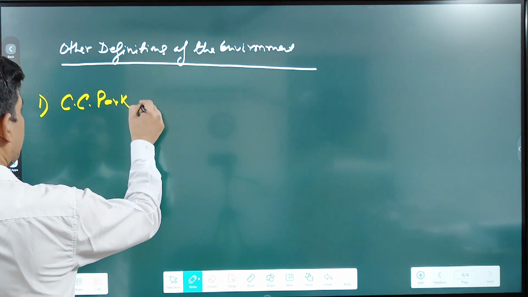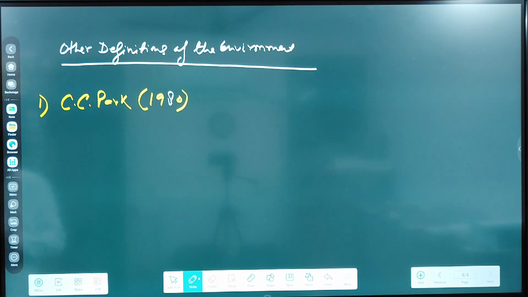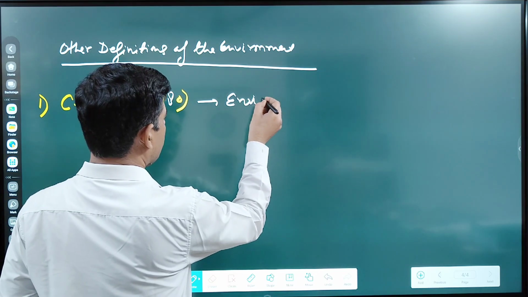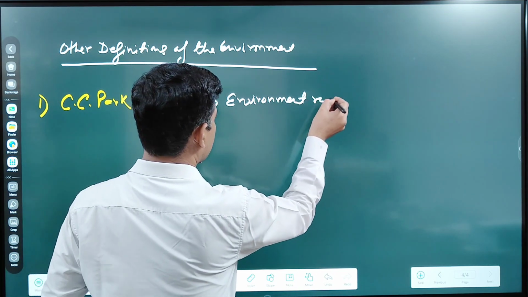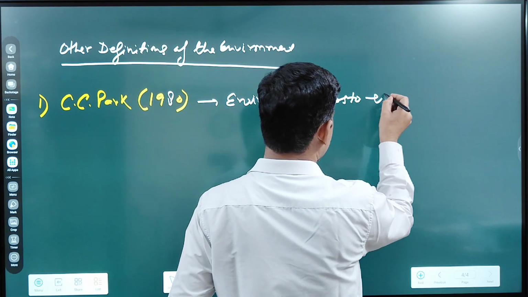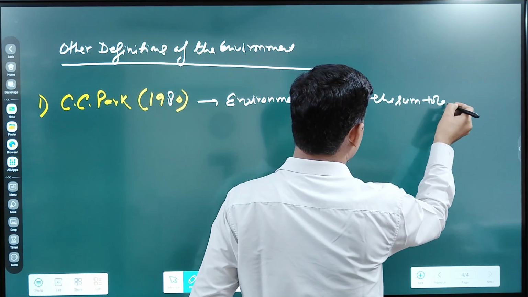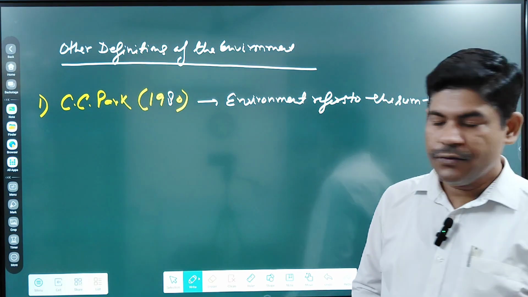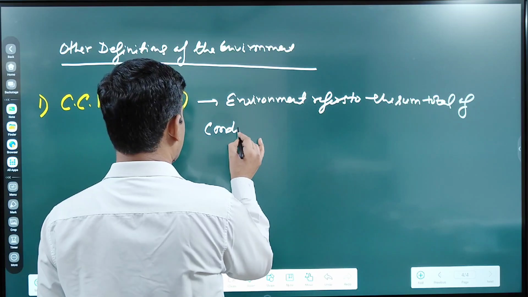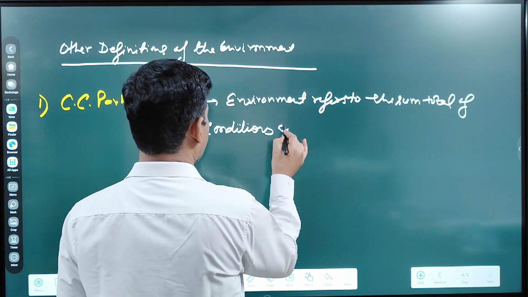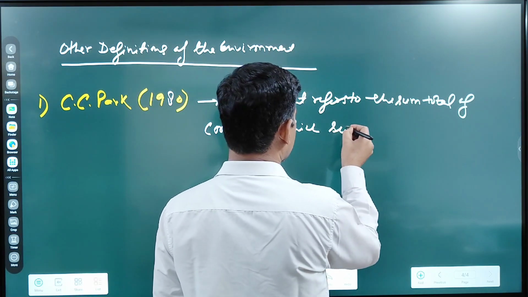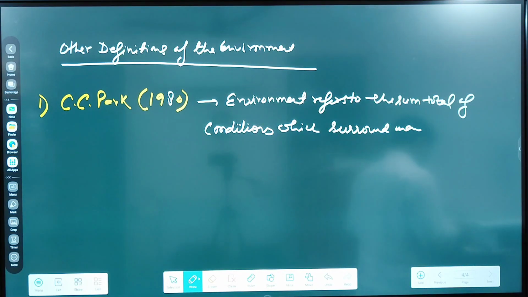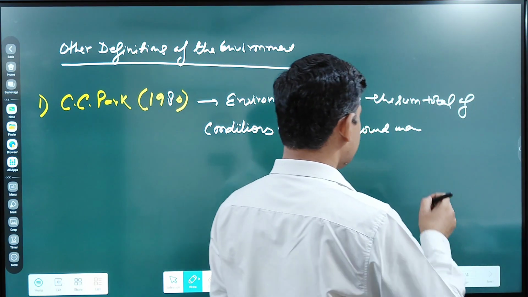In 1980, he said, environment refers to the sum total of conditions which surround man at a given point in space and time.